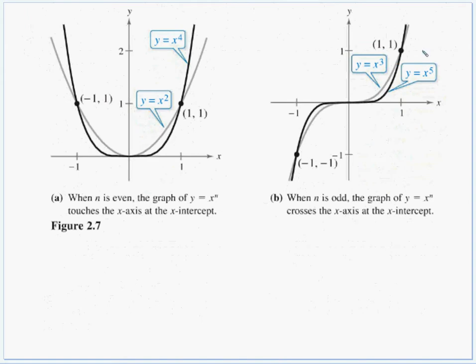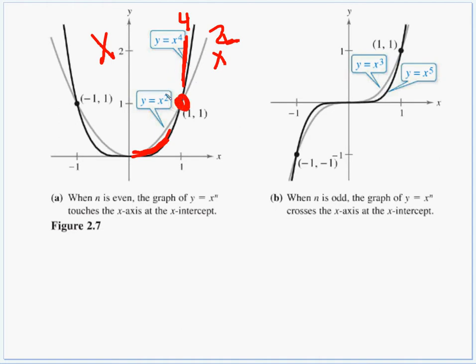So here in the graph on the left, the gray graph is the basic x squared. And then we have here in the black ink x to the fourth. Any x to the even exponent is going to have this general shape. The higher the exponent, we might get a flatter spot to the graph here, but it will rise much quicker. Here x to the fourth is inside the x squared parabola after the point 1, 1.